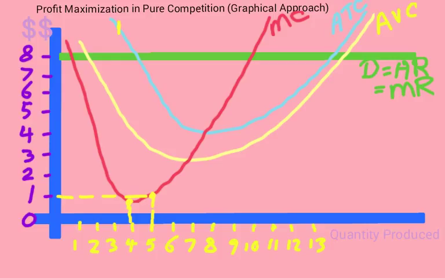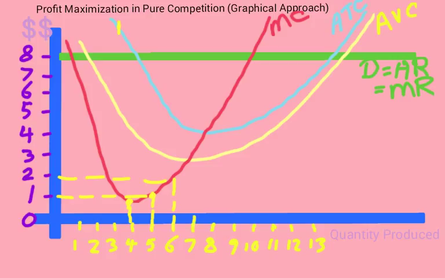And we can say the same thing at quantity 6. Now the marginal cost is a little higher there. It's almost $2 here. But still, it's costing us an additional $2 to make our 6th product. And we're getting $8, so we're adding to our profit.